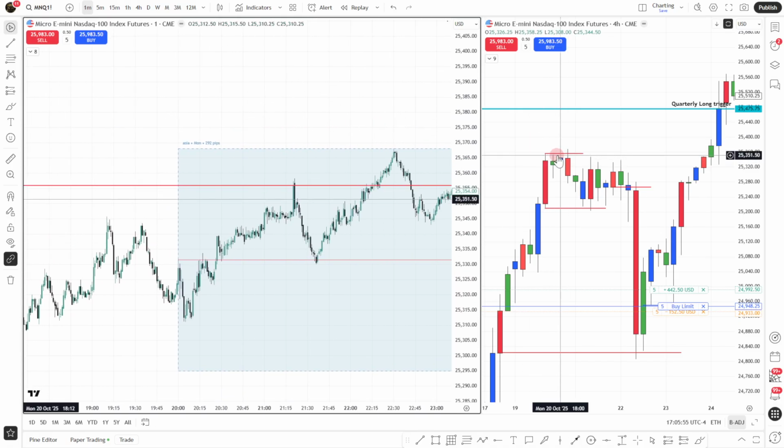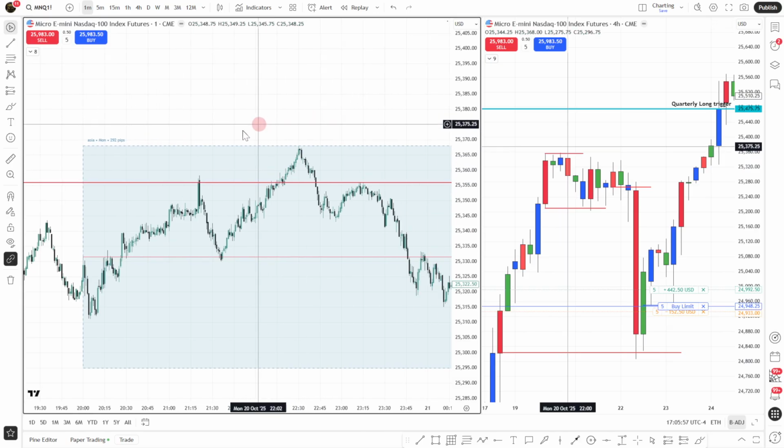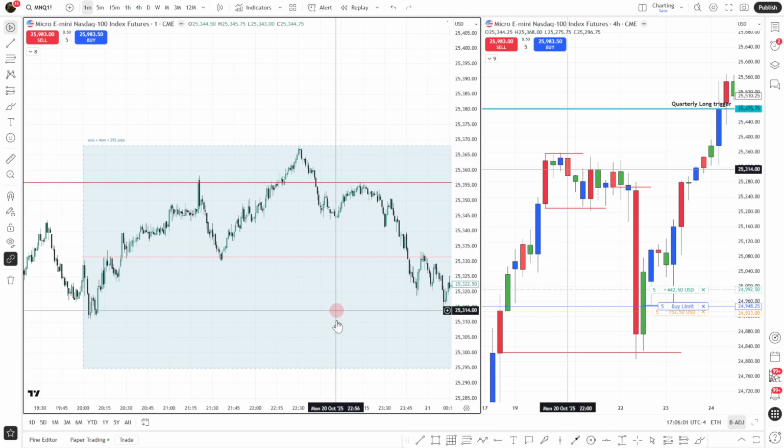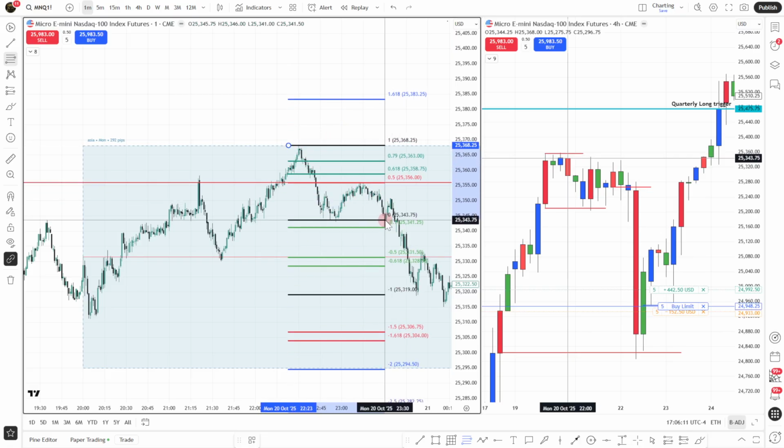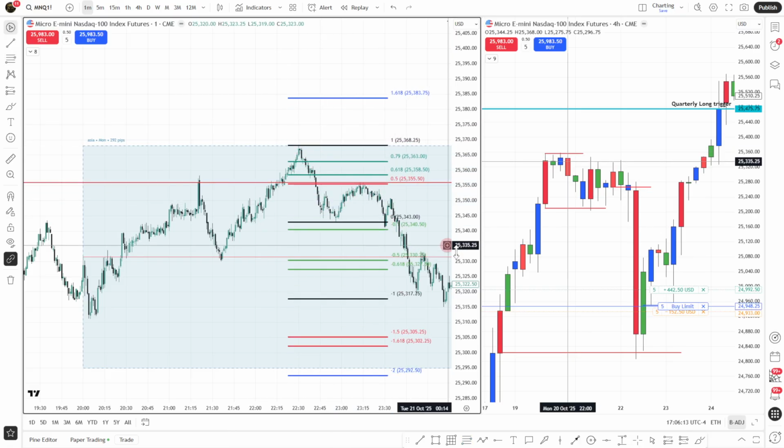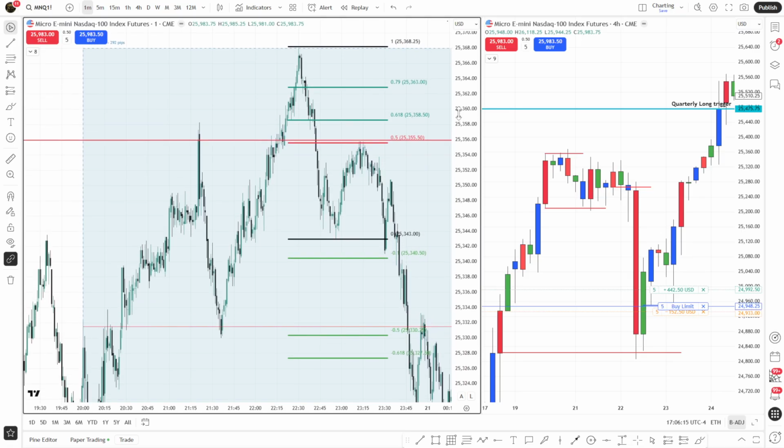So we have that 10 a.m. high, the 10 p.m. runs it. We're in Asia. And see, look at that. 3 taps on the 0.5.